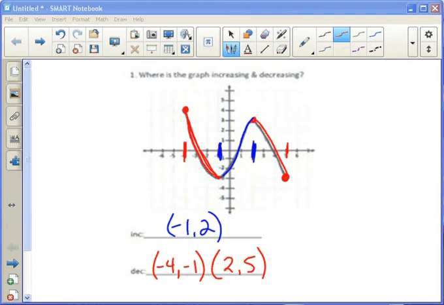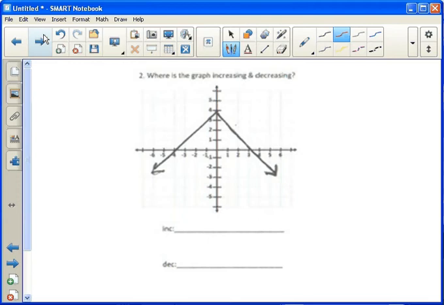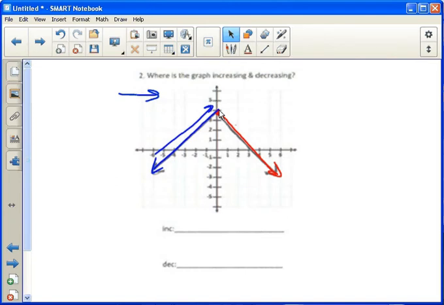So on increasing and decreasing, make sure to focus on the x values because you're making an interval with x values. Number 2, where's the graph increasing and decreasing? Again, I'll mark the decreasing parts and the increasing parts. Just think about moving from left to right, just like a roller coaster. So you start by increasing, and then down the hill you're decreasing. Well, this never really has a starting point.